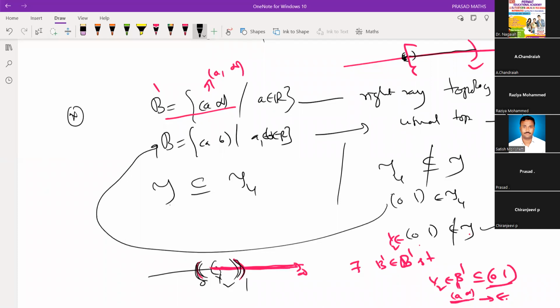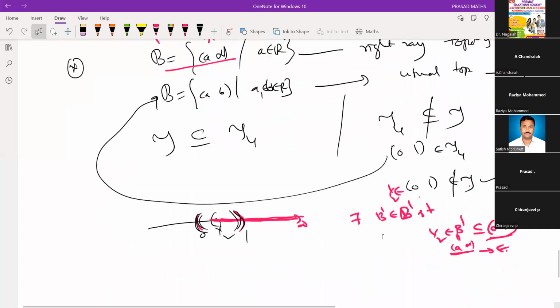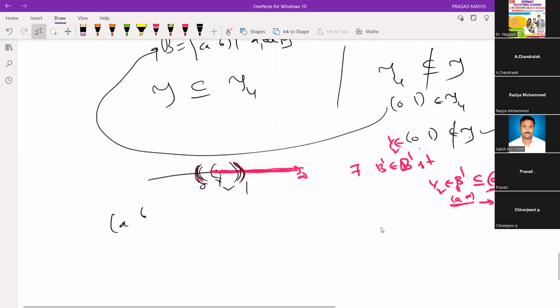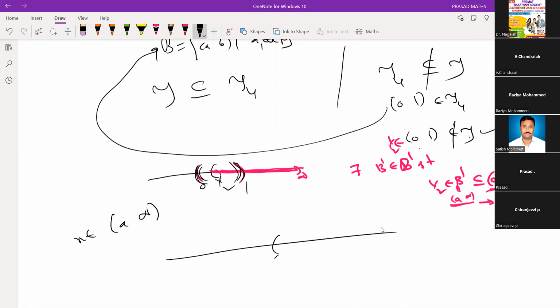The question is, is tau contained in tau u? The answer is yes, because I start with the basic open set. What are the basic open sets with respect to the right ray topology? These are basic open sets. Take any element x. I can always find a basic open set containing x contained in your B. This is my B, this is my B dash.